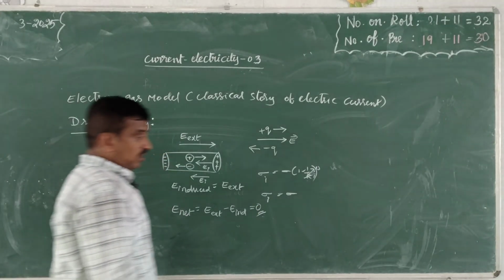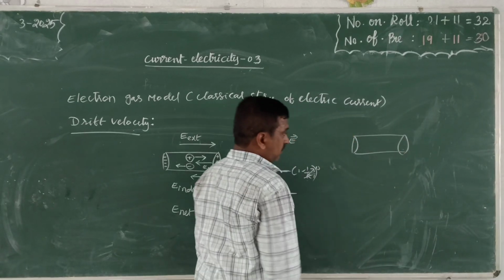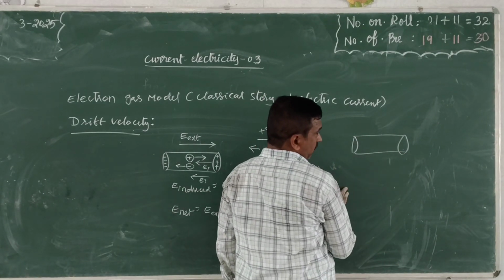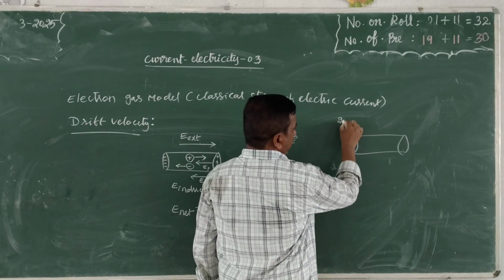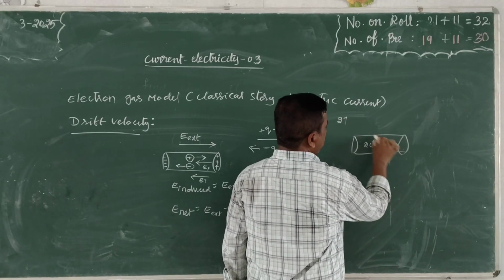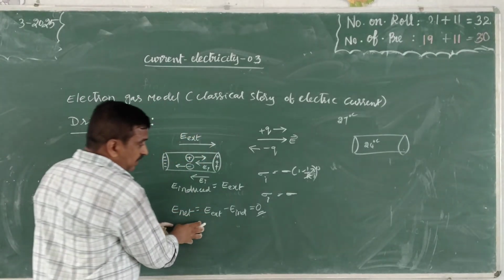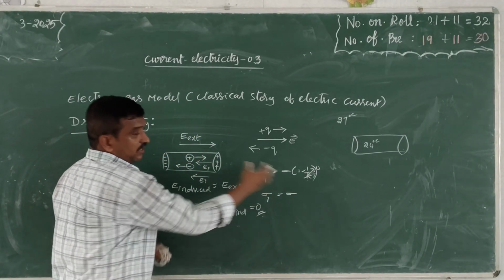But here we have an isolated conductor. Suppose the outside temperature is 27 degrees and the inside is 24 degrees. What is the net electric field? It is 0, but the electrons are still moving. Why?